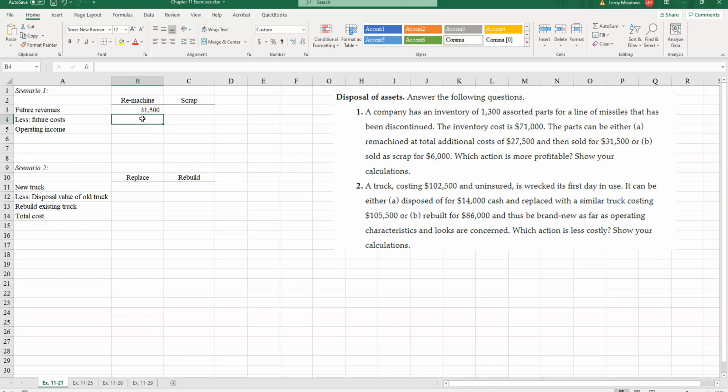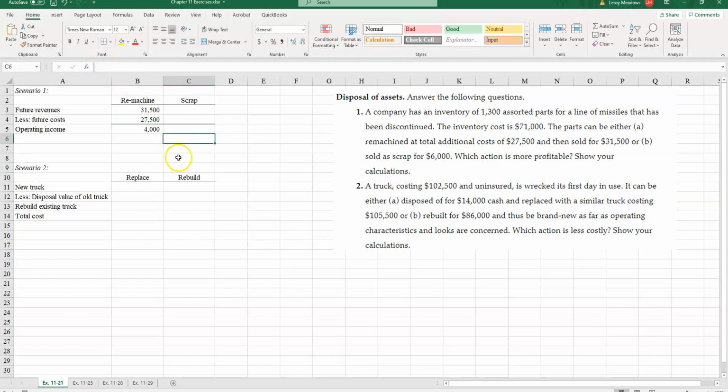So I want to take my future revenues and subtract from that any costs incurred to generate that revenue. In this case, I need to generate an additional $27,500 worth of costs in order to make $31,500 worth of revenue. So future revenues minus future costs is going to give me operating income of only $4,000.